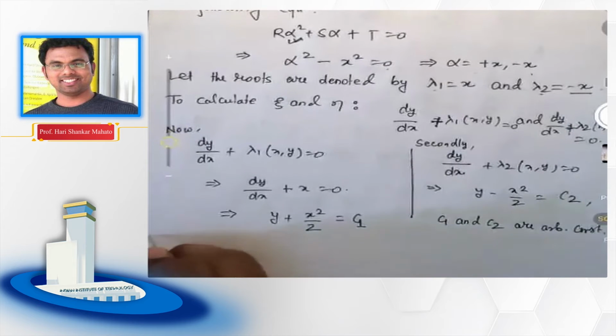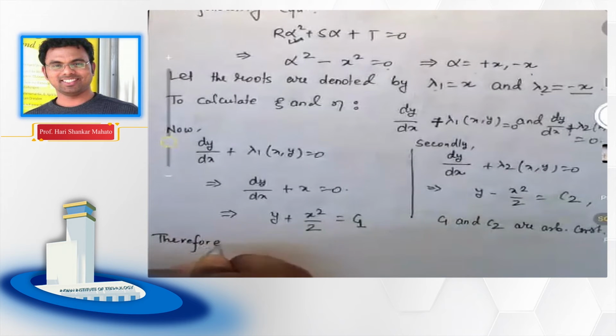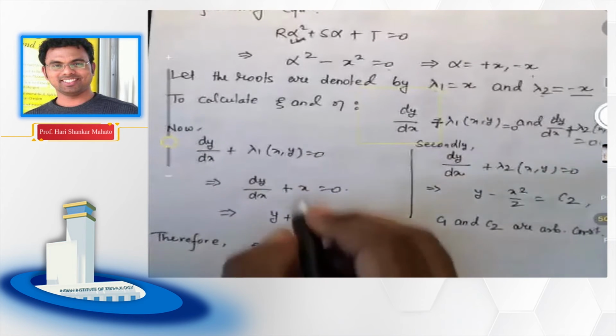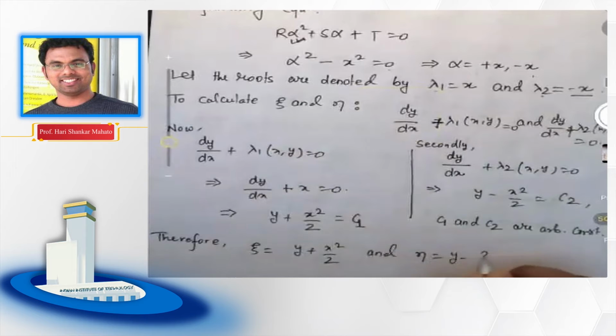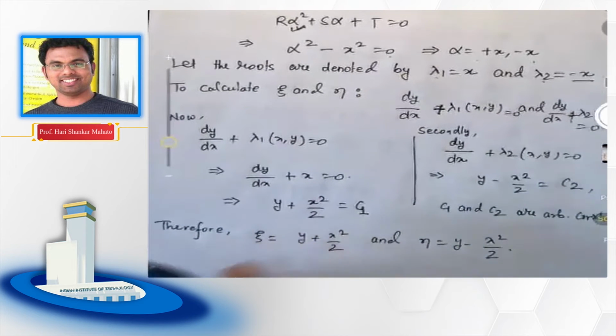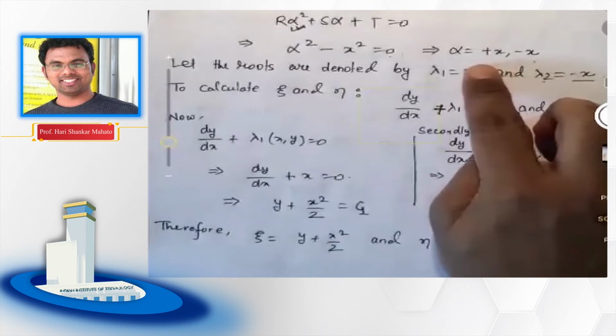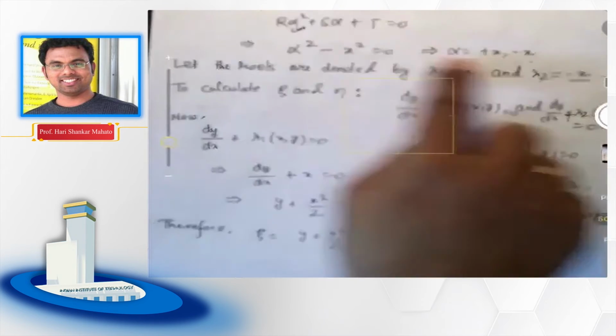So therefore, xi will be given by y plus x square by 2 and eta will be given by y minus x square by 2. So what is the choice for xi and eta? Basically, we calculate the roots of alpha from this quadratic equation.